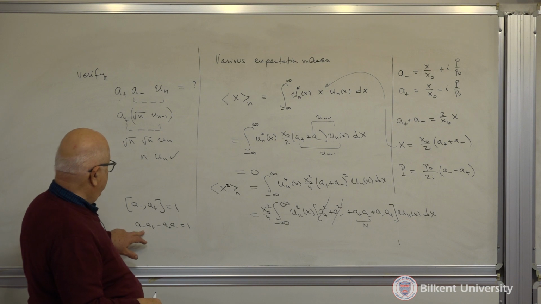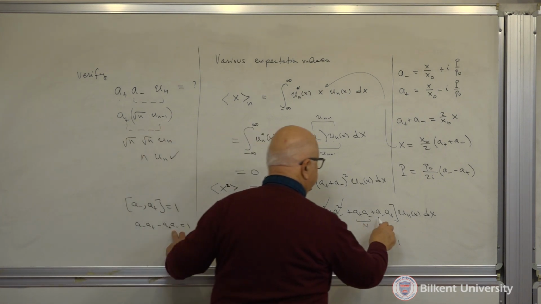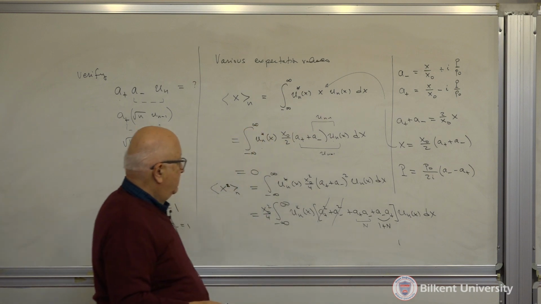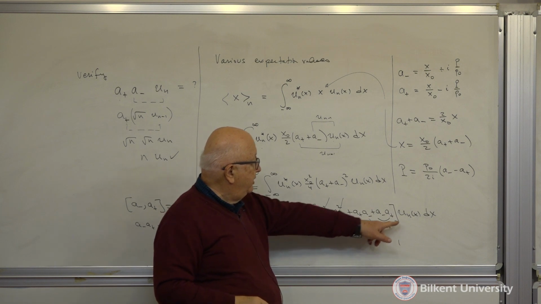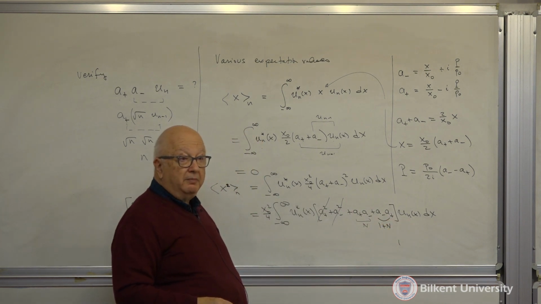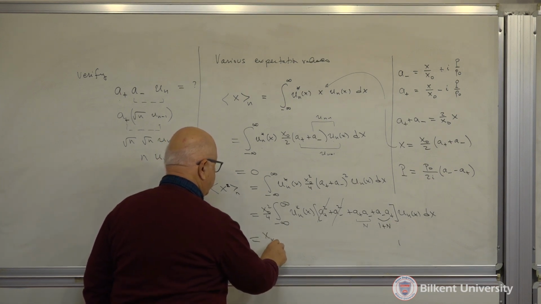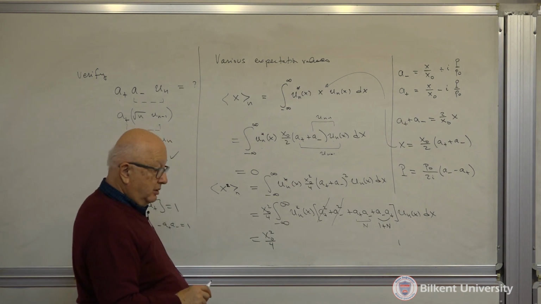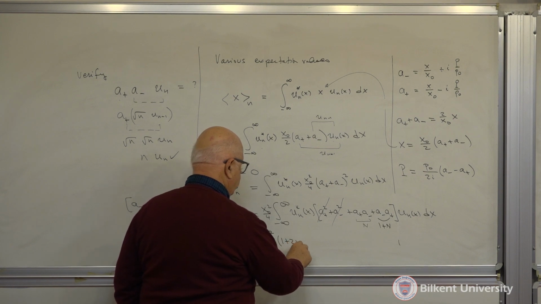So a minus a plus is 1 plus n, right? So this operating on that gives me n. That operating on that gives me n plus 1. So the result of this is x0 squared over 4 times (1 plus 2n).